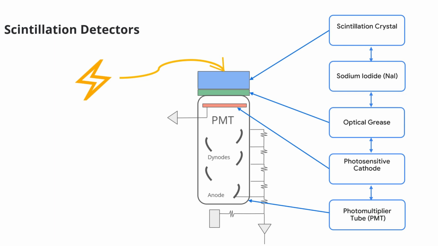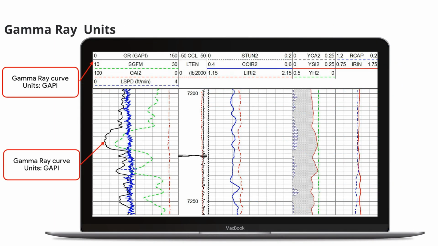When we see a gamma ray curve plotted in a log, we see that the units are gamma API. Let's understand this type of unit. The gamma ray measurement is converted to engineering units through calibration. The American Petroleum Institute, API, developed a standard calibration method to ensure consistent gamma ray responses across different tools and service companies.